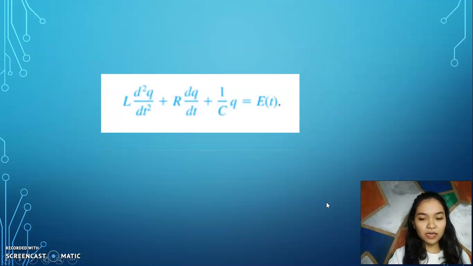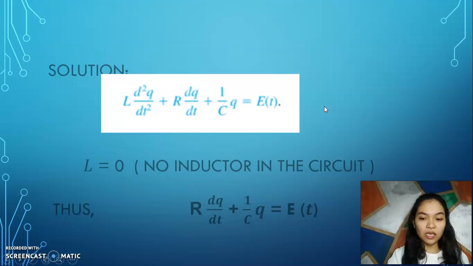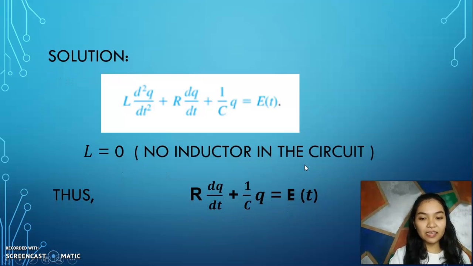And by using our mathematical model for LRC that states L d squared q over dt squared plus R dq over dt plus 1 over C Q is equal to E of t, we can get the differential equation of the problem.